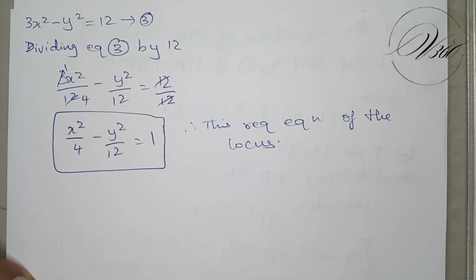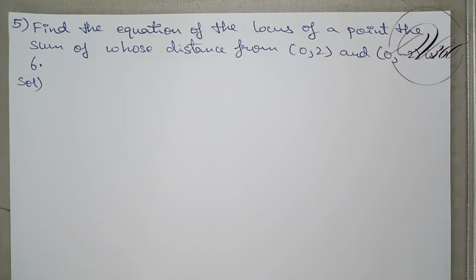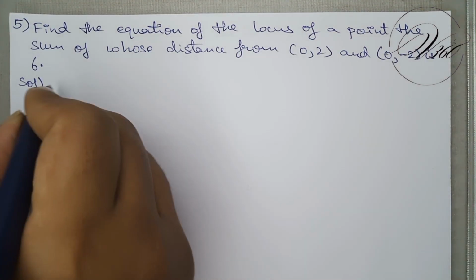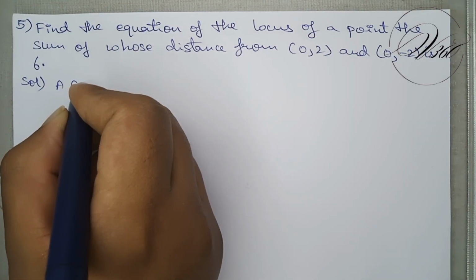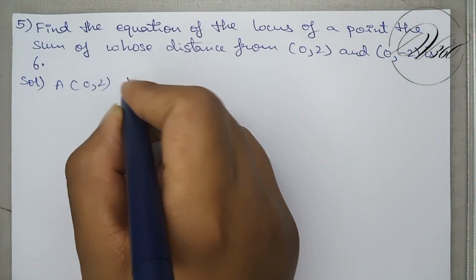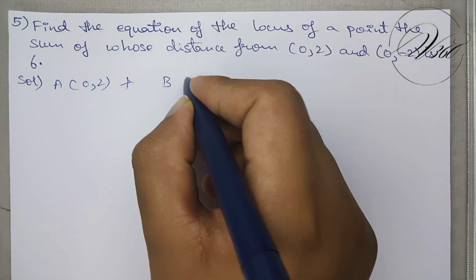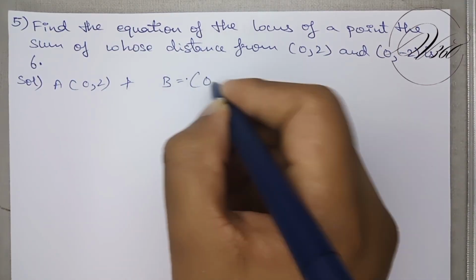Alright, let's go to the next question, which is the fifth one. Now here, the fifth one is: find the equation of the locus of the point, the sum of whose distances from (0, 2) and (0, minus 2) is 6. Okay, now here we have A which is (0, 2) and we have B which is (0, minus 2), right?